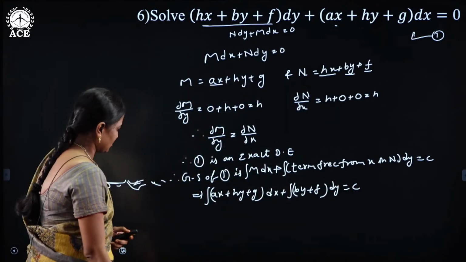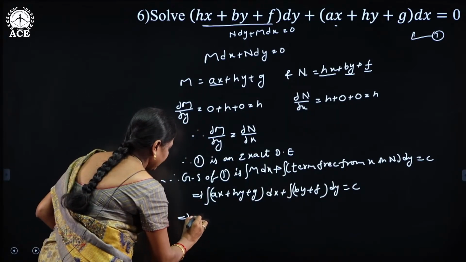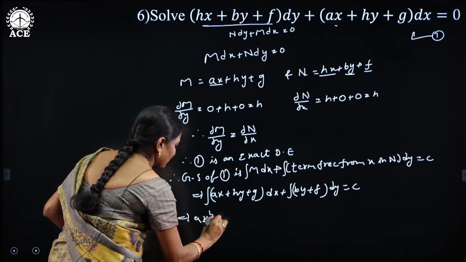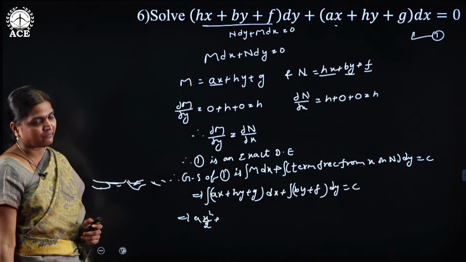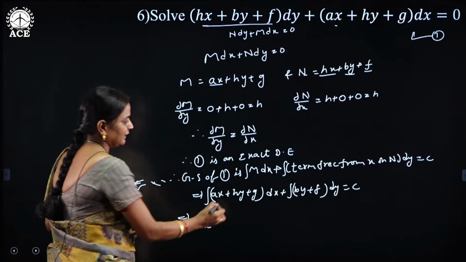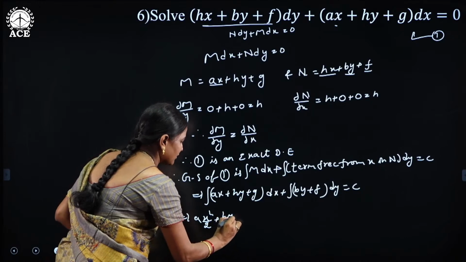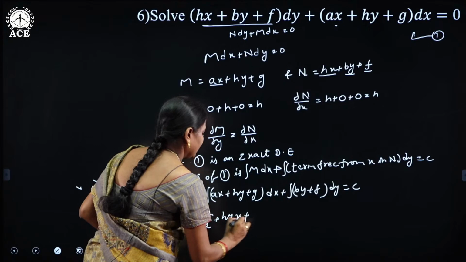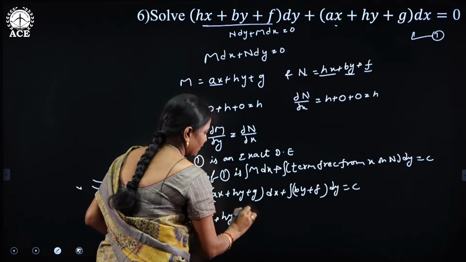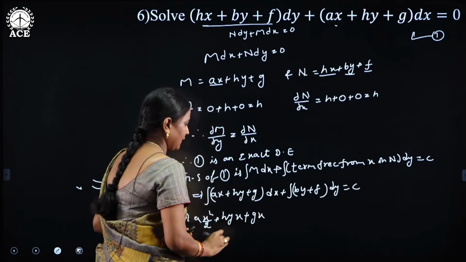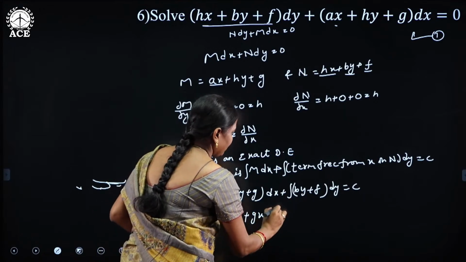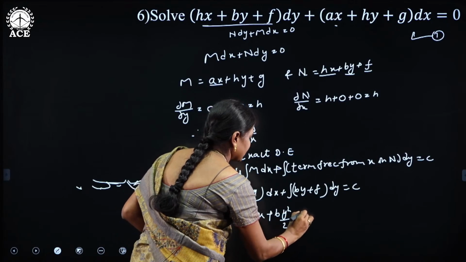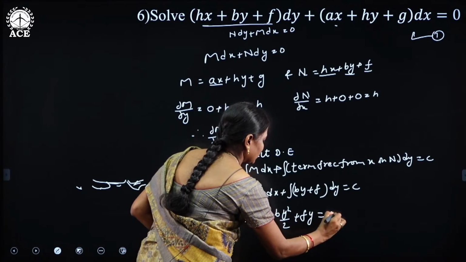Now integrate it. So a into, what is integration of x dx? x square by 2, plus, here integration is performed with respect to x only. That means hy is the constant, integration of dx is x, plus, here g is the constant, gx, plus here b into integration of y is y square by 2, plus fy is equal to c.